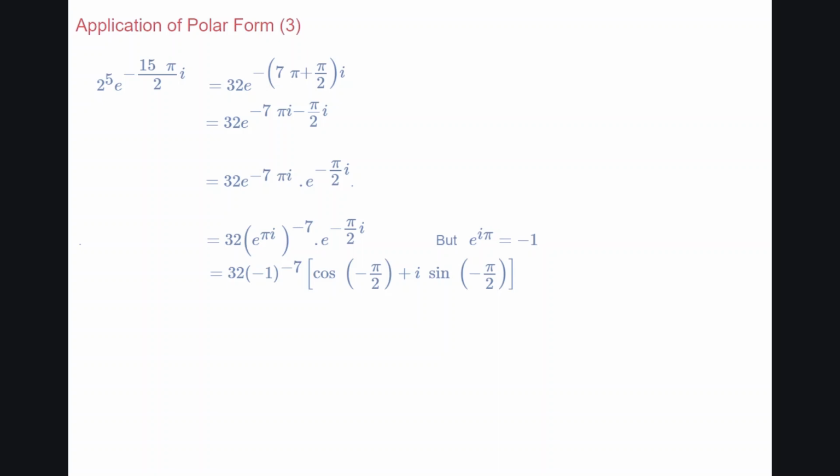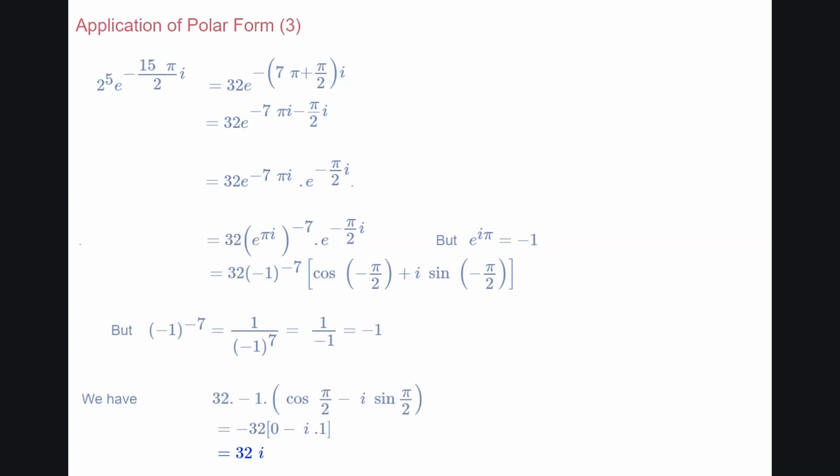And also we know that e to the i theta is cos theta plus i sine theta, so we can replace the e to the minus pi on 2i by cos minus pi on 2 plus i sine minus pi on 2. Now the minus 1 to the power of minus 7 is 1 over minus 1 to the positive 7, which is 1 over minus 1, which is minus 1.